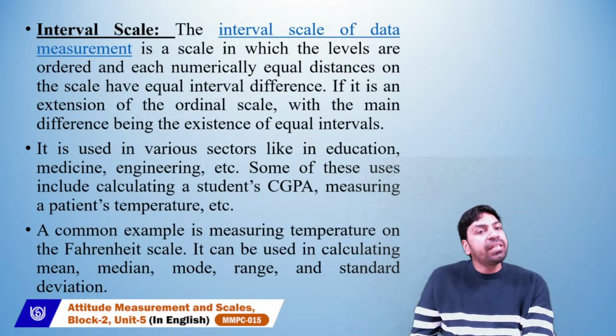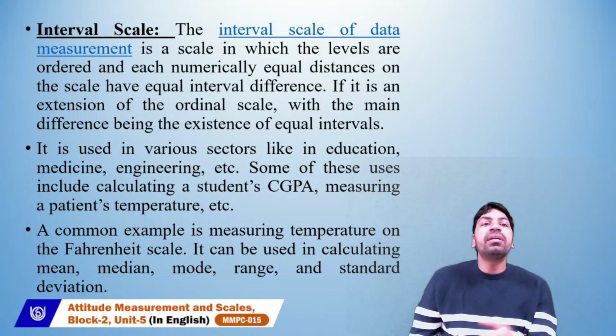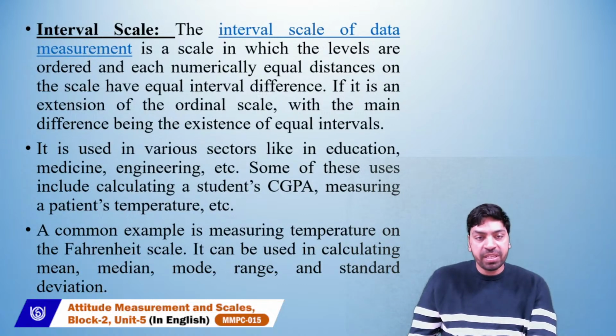Next one is the interval scale. The interval scale of data measurement is a scale in which the levels are ordered and each numerically equal distance on the scale has equal interval differences.